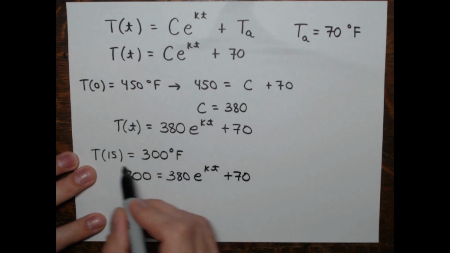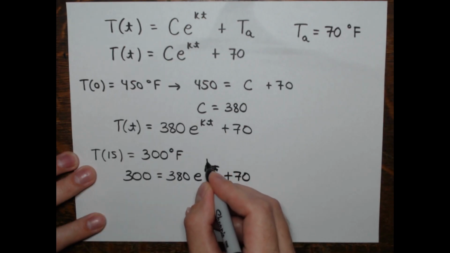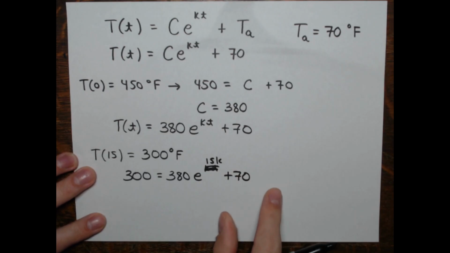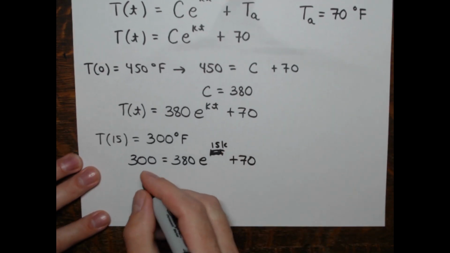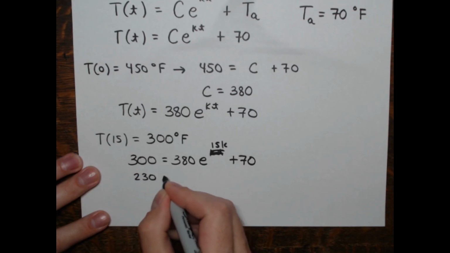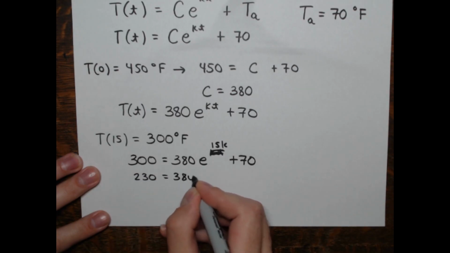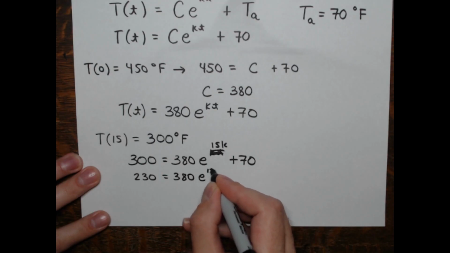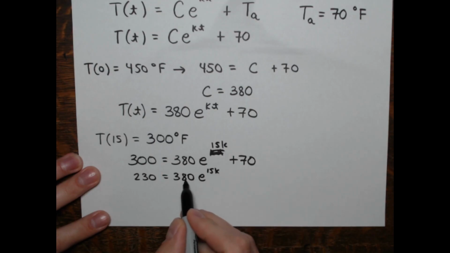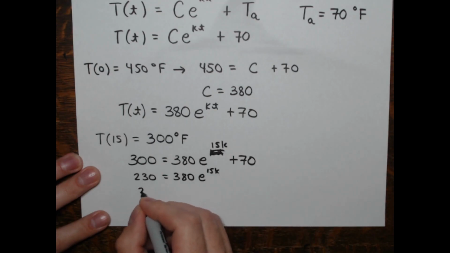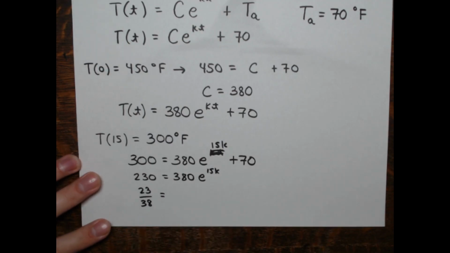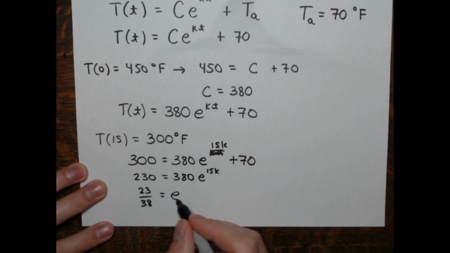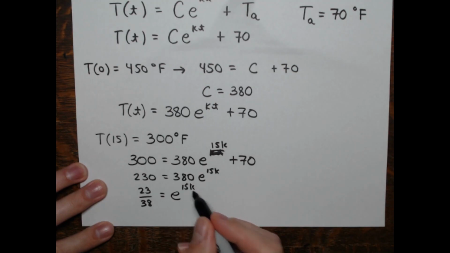Oh, sorry, not kt, k times 15, so that'd be 15k. Then we can solve this for k. I take away 70, that'll be 230 equals 380 times e to the 15k power. Divide by 380, that'd be 23/38, the tens will cancel, equals e to the 15k.